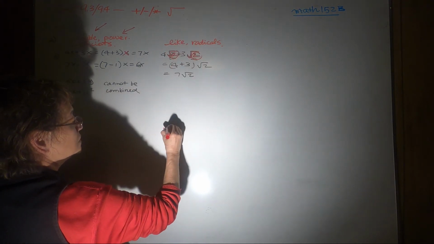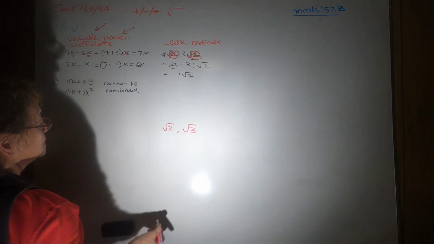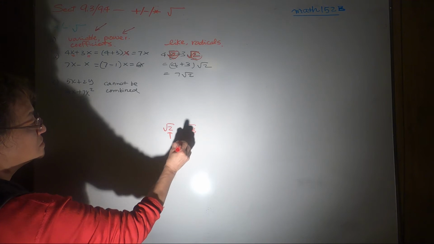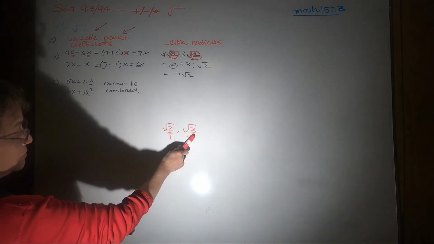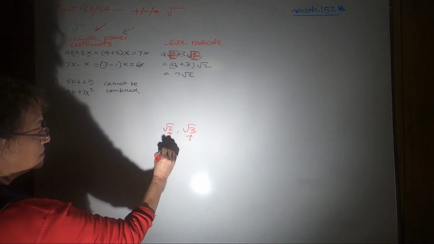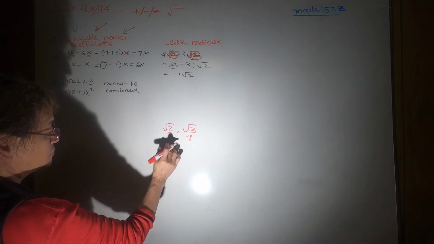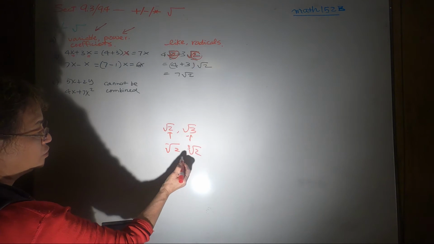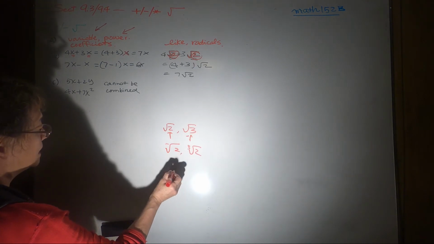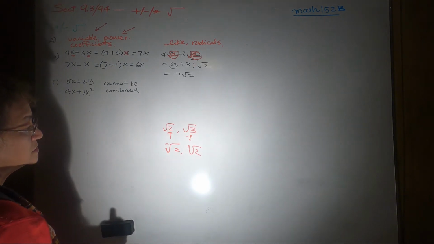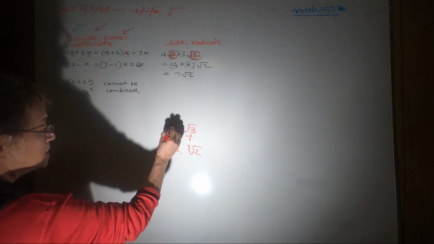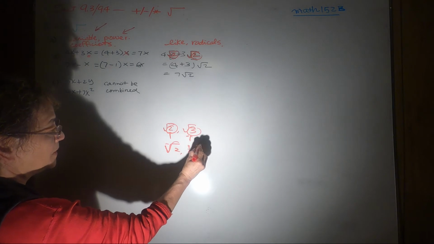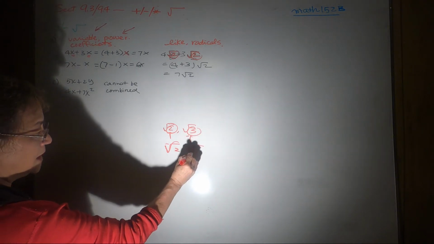Square root 2 and square root 3 are not like radicals. The inside should be the same like your variable. If you have a square root of 2 and a cube root of 2, one is cube, one is square, they are not like radicals.